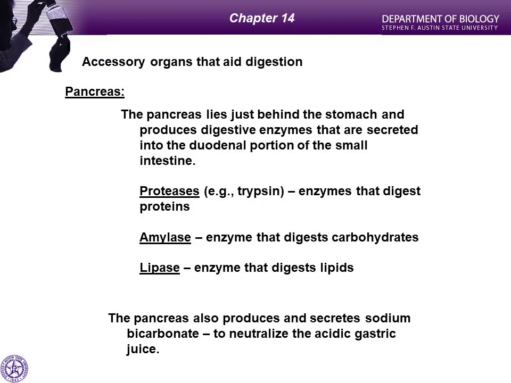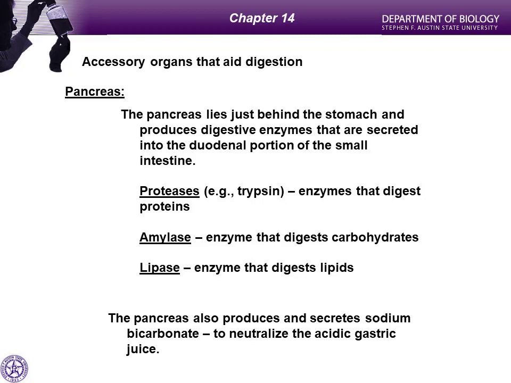Amylase is a term for breaking down amylose, which is a carbohydrate. So we're just going to remember that amylase is the enzyme that breaks down our carbohydrates or our sugars. And all that's getting dumped into the duodenum, the first part of the small intestine, to finish off our chemical digestive process as our food makes its way down.